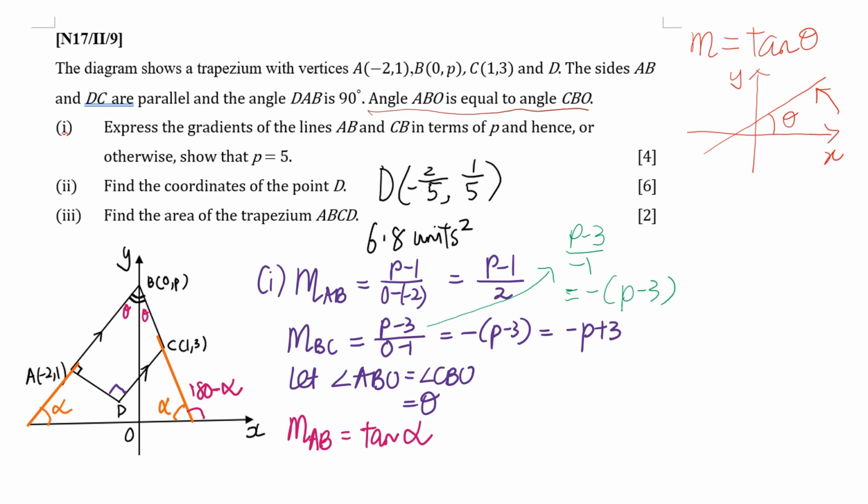So the gradient of the line BC will be tangent bracket 180 minus alpha, because remember that your angle must be measured in an anti-clockwise direction. The gradient for the line BC is not alpha, it's this obtuse angle here. The angle must be measured from the x-axis in the anti-clockwise direction, so the tangent of this particular angle will give you the gradient of BC.